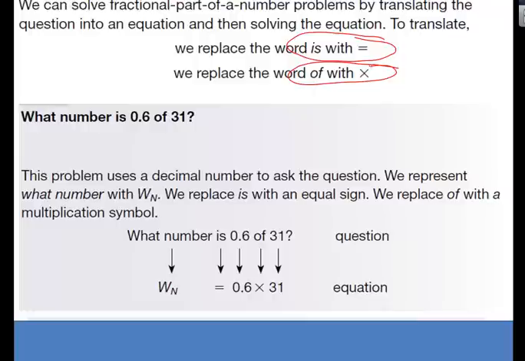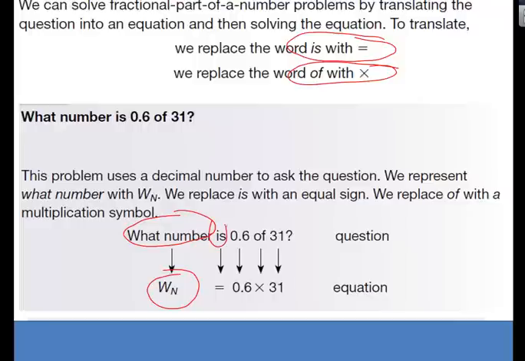So if you saw a problem that says what number is 0.6 of 31, the way you know how to solve that is that you go in and you replace those items with the equal sign and the multiplication sign. The other thing we do is we take the phrase what number and we turn it into a big W and a little n.